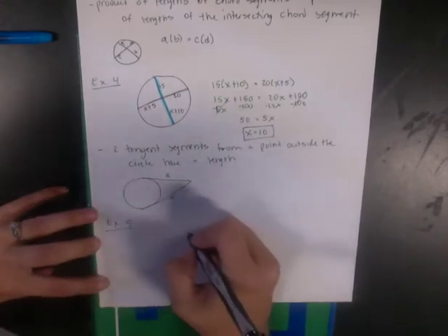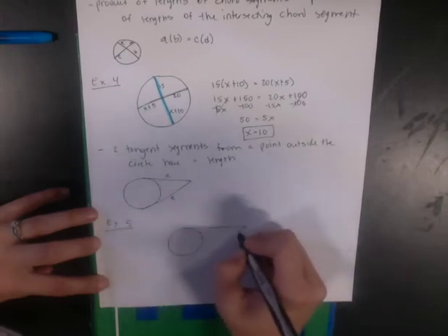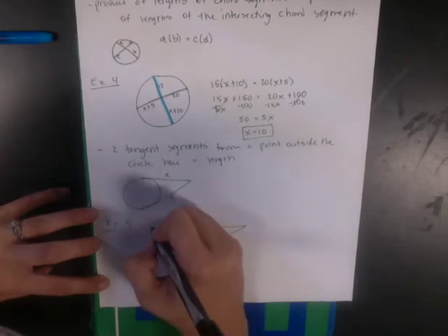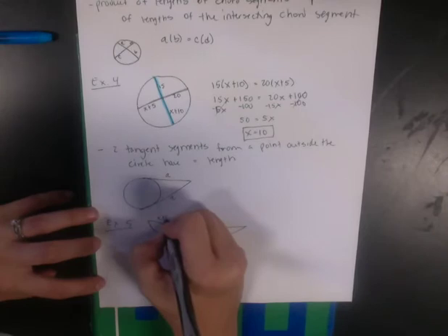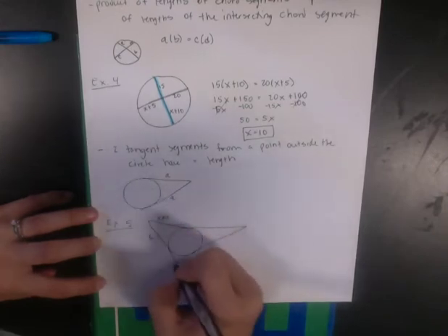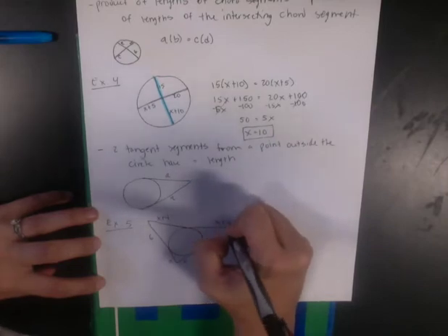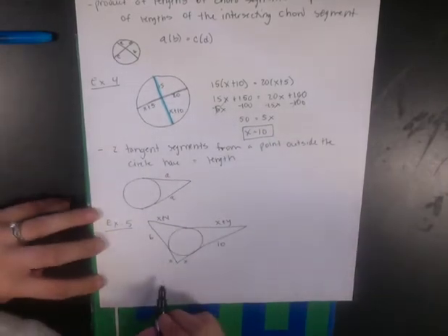Example 5. If I have this circle, and I have a tangent line, tangent line, tangent line, tangent line. Okay, this is x plus 4, 6, x, 10, x plus y. I know that these are equal. Obviously, x equals x.